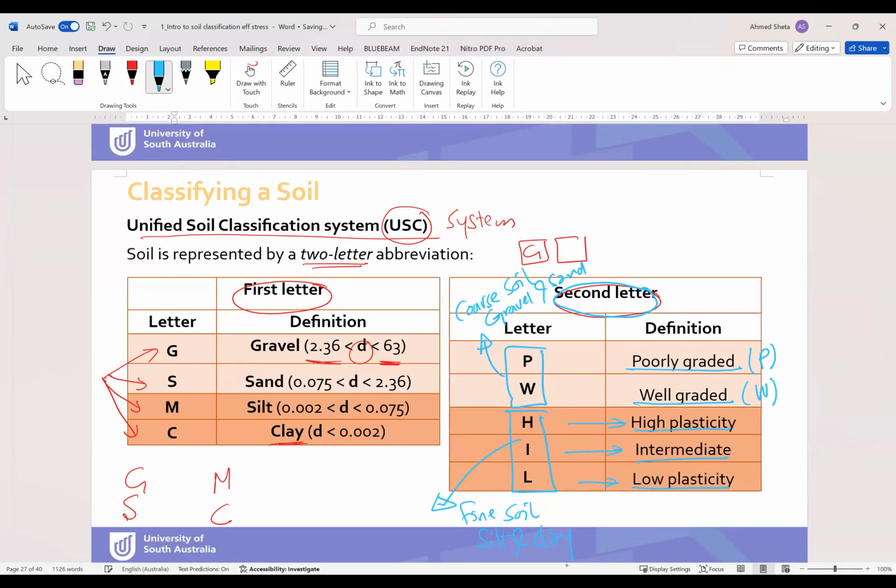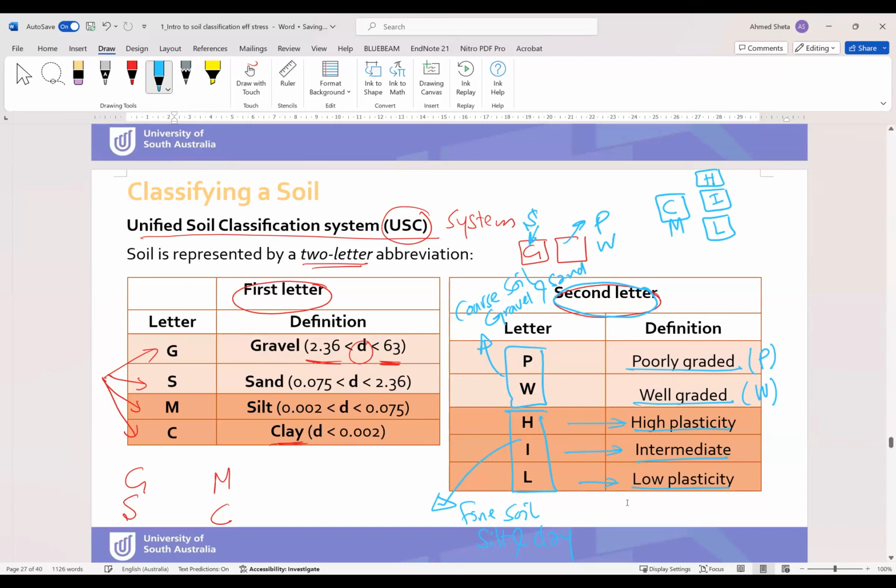For example, if we have G here, it can be B or W. If we have clay, it can be one of these three: high plasticity, intermediate plasticity, or low plasticity. So this is for clay or silt, this is for gravel or sand.